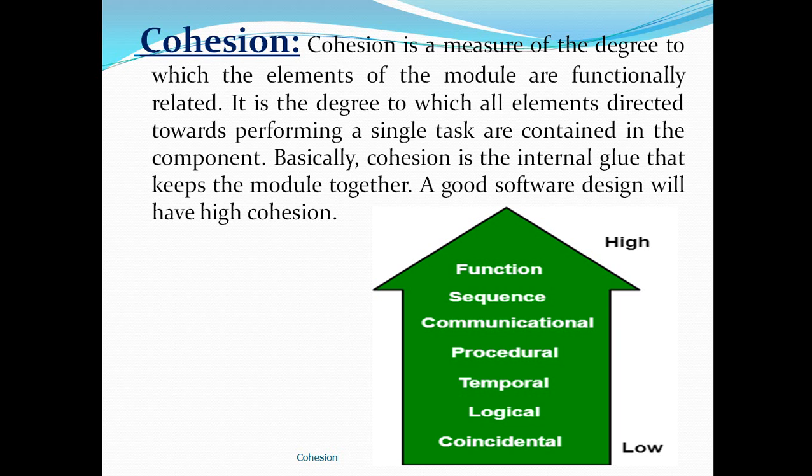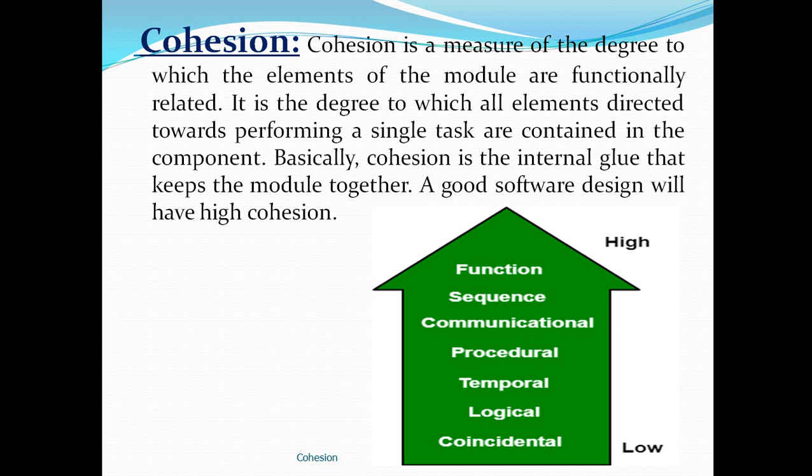A cohesion performs a single task, and it describes how the internal elements of a module are bound tightly to each other. Cohesion is a measure of the degree to which the elements of the module are functionally related.